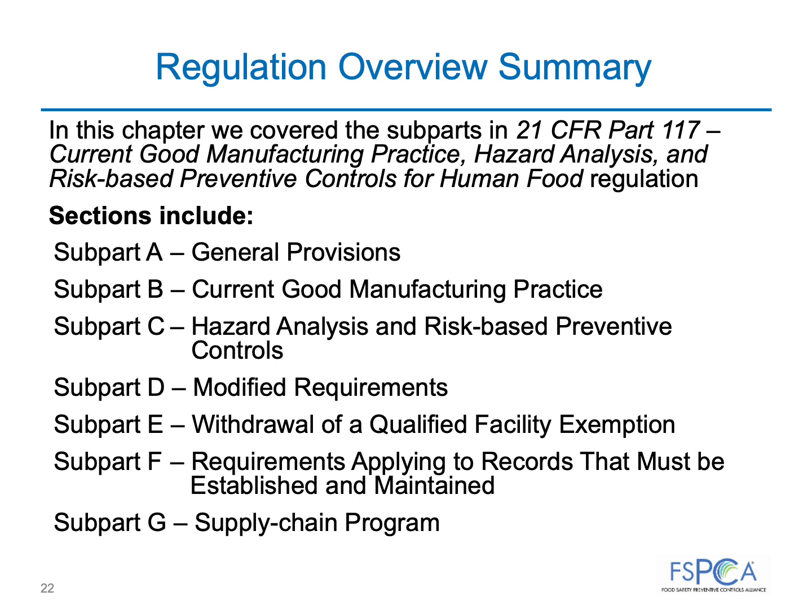This course focuses on 21 CFR Part 117, Subpart C, hazard analysis and risk-based preventive controls for human food, and Subpart G, supply chain program. More detailed information on other provisions can be obtained through other means, such as reading the regulation, see Appendix 1, or through other training programs.